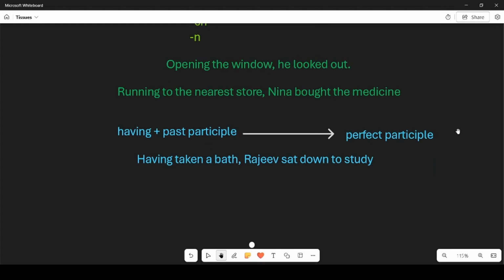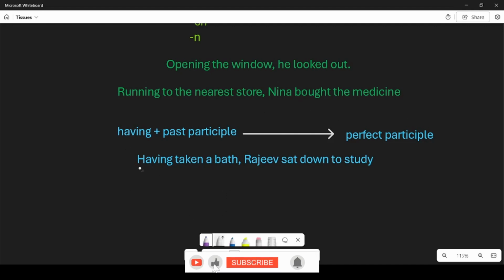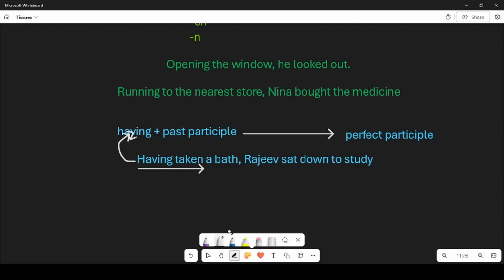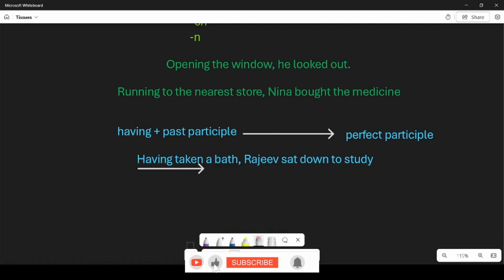Maria finished reading the book. She wrote a book review on it. Having finished reading the book, Maria wrote a book review on it. So it's usually in the starting of the sentence. So having taken a bath, having finished reading. So having here was having plus past participle.